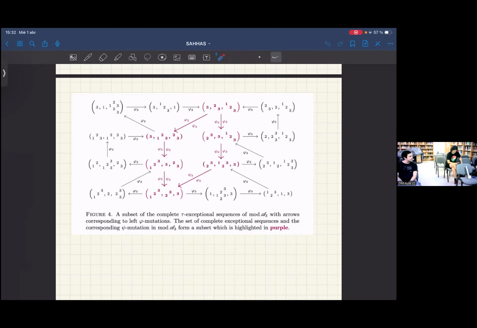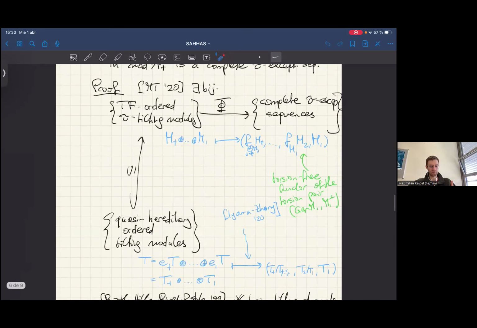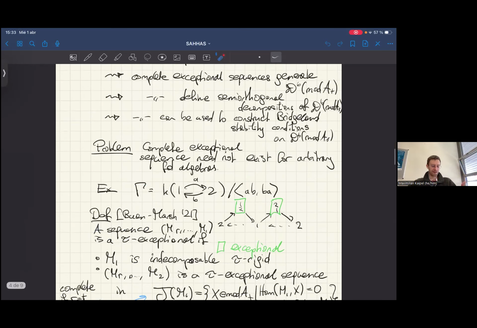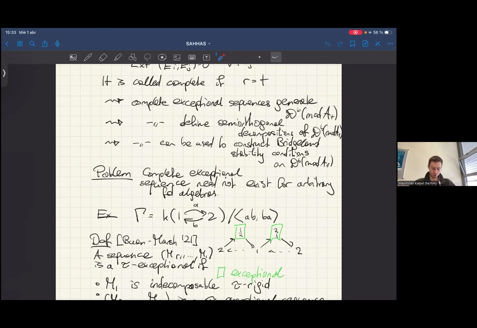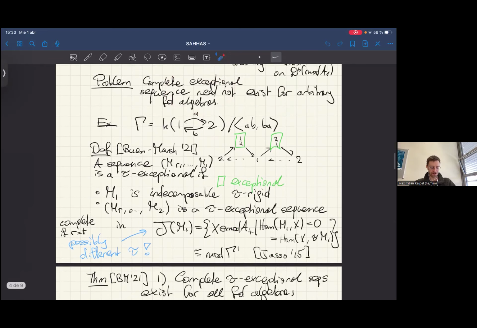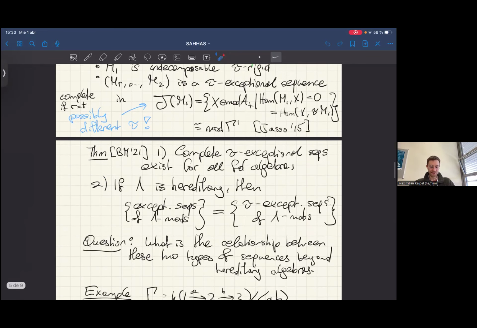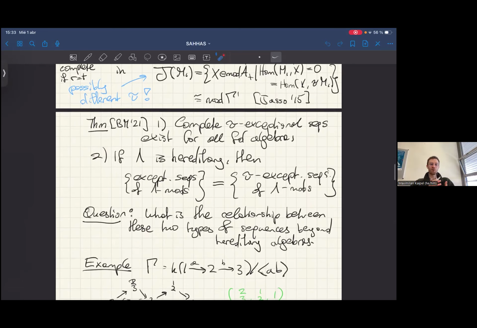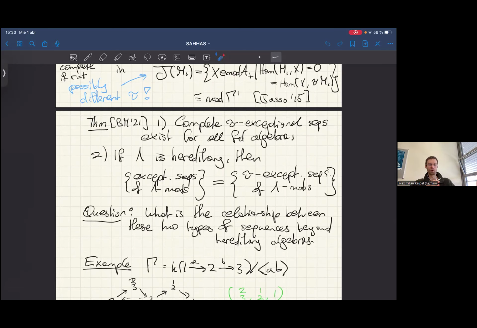It's definitely very interesting, especially with the philosophy in mind that you want these tau exceptional sequences to replace exceptional sequences. Maybe this point didn't come across; this is why I wanted to motivate this problem. Complete exceptional sequences don't always exist, so we want to create something that does always exist, but the problem is we don't know if it behaves in the same way as the objects we wanted to replace.